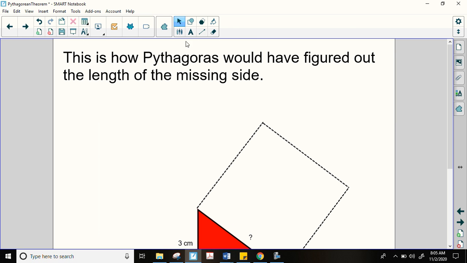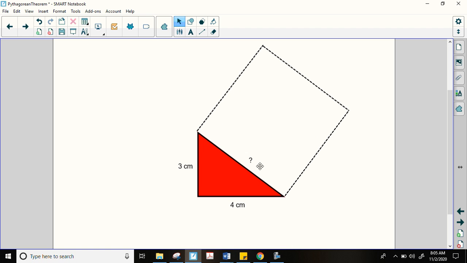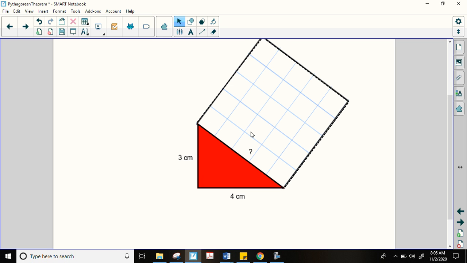So Pythagoras' theory says that when you have a right angle triangle, if I made a square of this side length, I just took this side and drew it there, there, there, and made a square, the pieces that make up this square are actually the sum of the pieces that make up a square here.